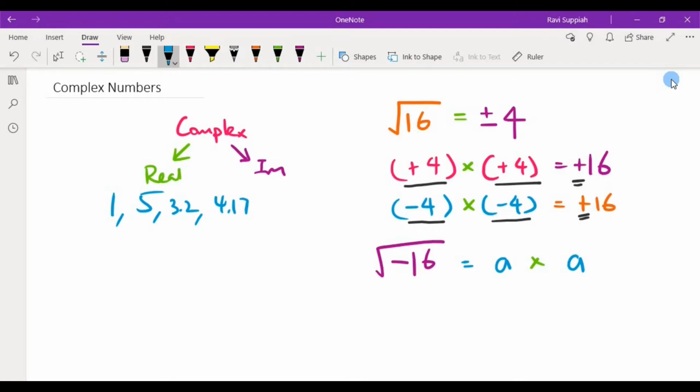Because for real numbers, when both the numbers are the same and I multiply them, either they are both positive or they are both negative, and in both cases the answer would be positive only. So when I try to do a square root of a negative number, it's actually not possible. If you try to key it in your calculator, you will not be able to get an answer.